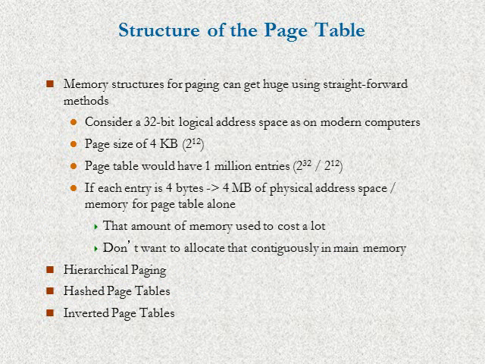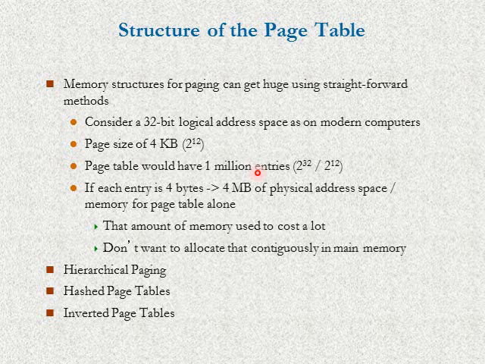So we know that in a 32-bit architecture, we have a 32-bit logical address space. So if we take a page size of 4 kilobytes, which means 2 raised to the power 12, it means that out of the remaining bits, we may have 1 million entries in the page table.